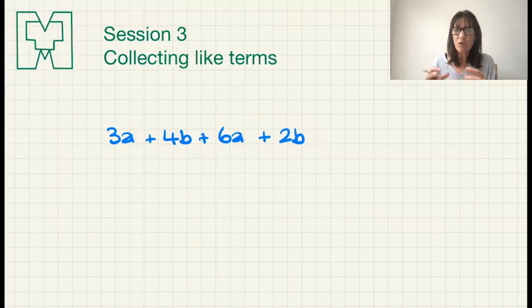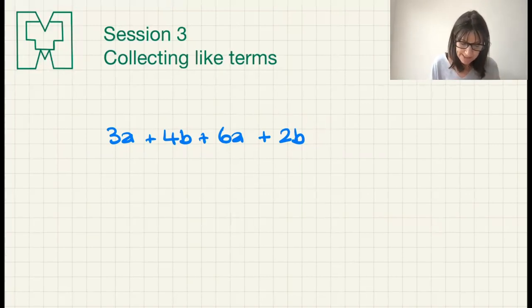They're in their own kind of gangs: there's an A gang and a B gang. They don't like each other. They're not going into each other's gangs. There's no squashing together. My answer is going to look very similar to my question. The A's and the B's are separated out, and they will remain separated in the answer.